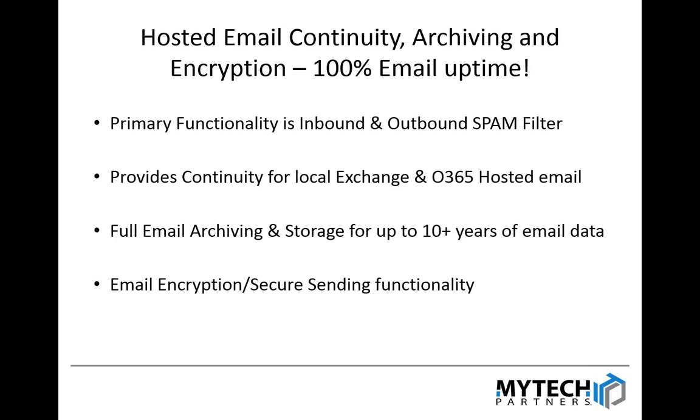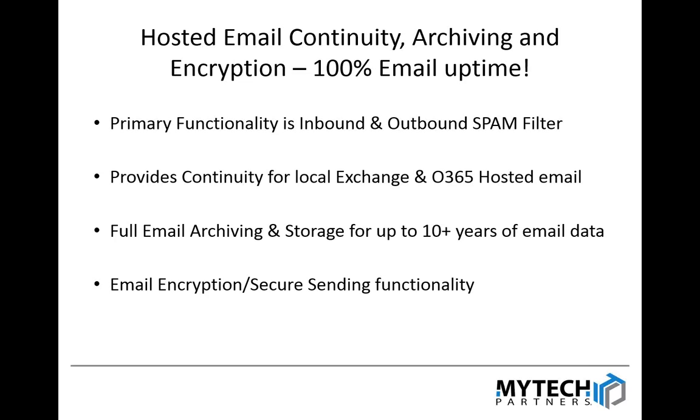And also because, as you mentioned, Philip, we have to set some service in front of our server before it receives email and after our server before it sends out email, that's what enables the archiving, and that's also what enables email encryption and being able to send secure messages. Especially in the medical world, PCI world, anywhere you're sending sensitive information, email is inherently an insecure protocol, and unless you're doing some sort of email encryption, any of that data can be received by someone that you don't intend.